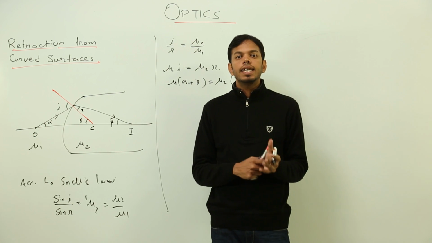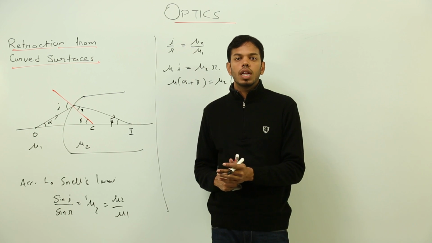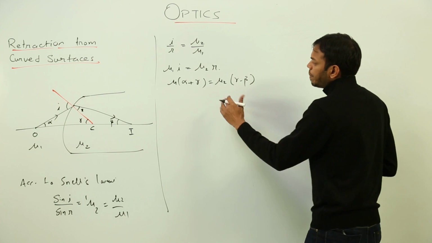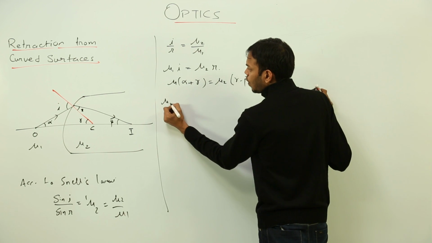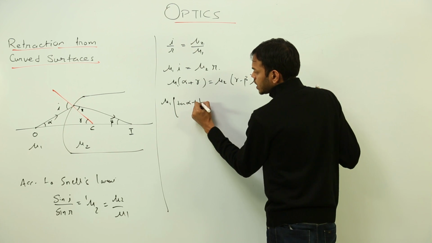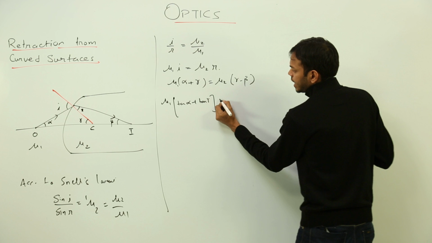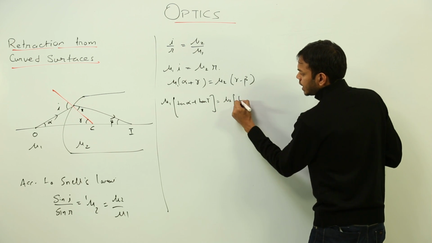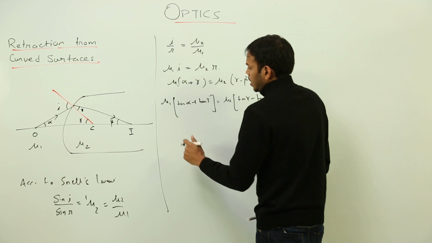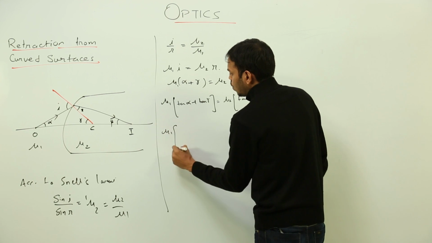Same way tan theta is also written as theta when theta is small. And since these laws are also vice versa true, alpha can be written as tan alpha. So now I have mu 1 times tan alpha plus tan gamma is equal to mu 2 times tan gamma minus tan beta.